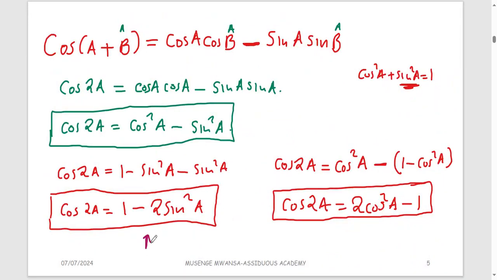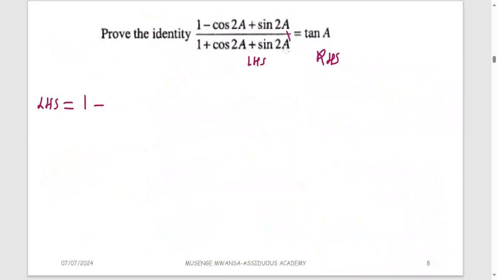Where there is cos 2A, I'll put 1 minus 2 sin squared A. So this is 1 minus, and please don't forget to put a bracket there, 1 minus 2 sin squared A. And then plus. Now where there is sin 2A, remember sin 2A is 2 sin A cos A.